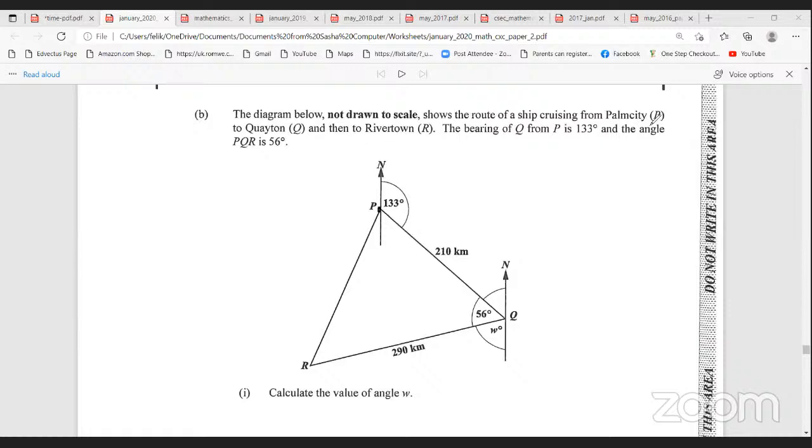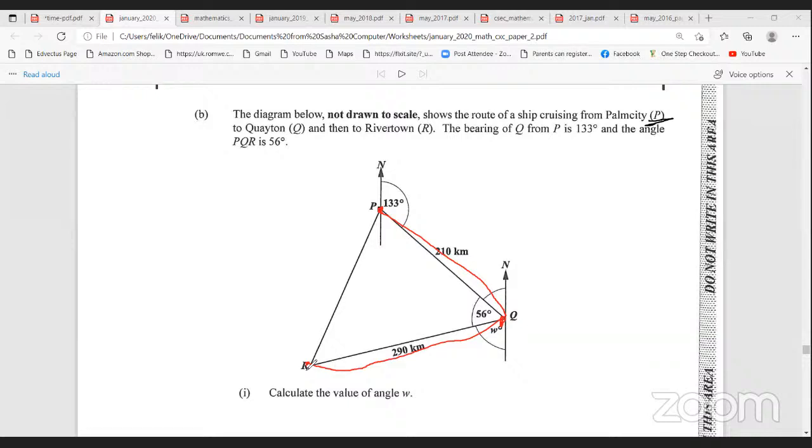They said P represents Palm City. So from Palm City to Quaton, they travel that way. I want you to always be able to visualize it, right? And after they left Quaton, they went to Rivertown.